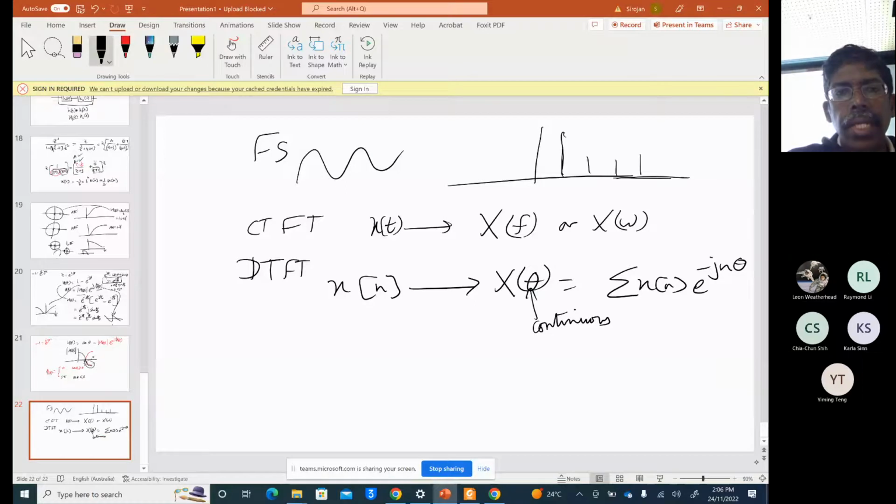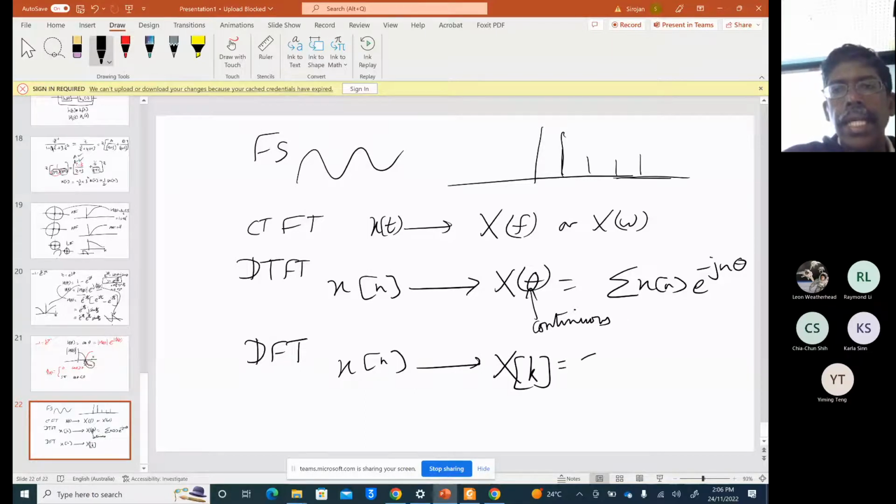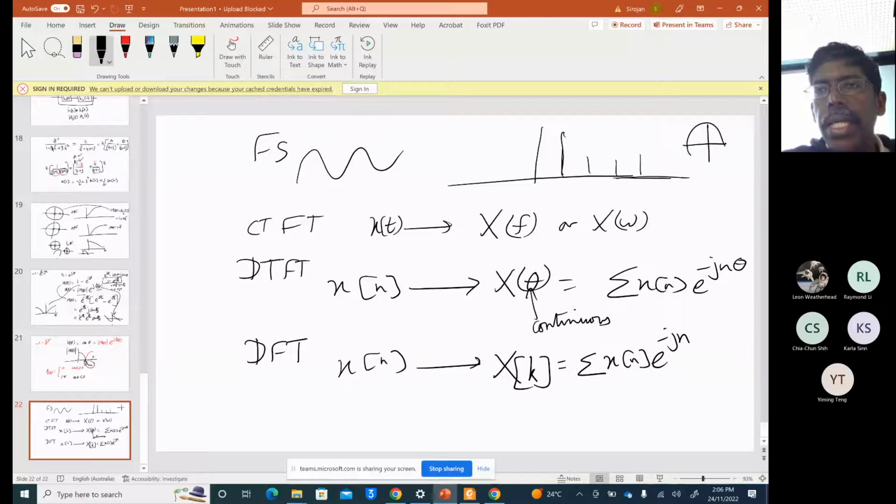Then the discrete Fourier transform, that is what you are doing in MATLAB. The discrete Fourier transform is from x[n] to X[k], and this one is also discrete. So x[n] e to the minus j n, and what we are doing with theta is we take the theta and divide it into N points.